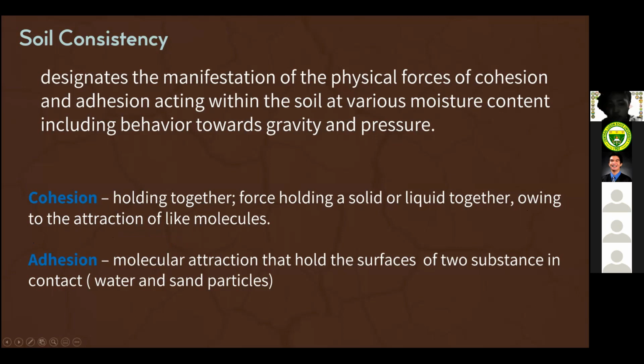So when the molecules are the same, like sand to sand, or solid particles to solid particles, that is cohesion. Then the attraction of two different molecules is what we call adhesion. Like how water attracts soil solids, so that is adhesion, nag-a-adhere.